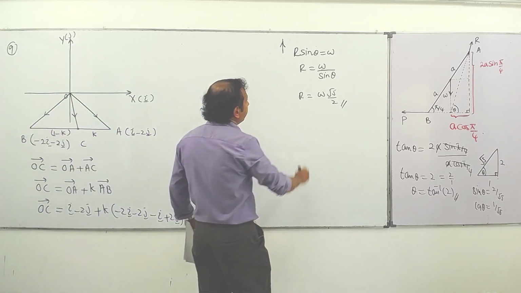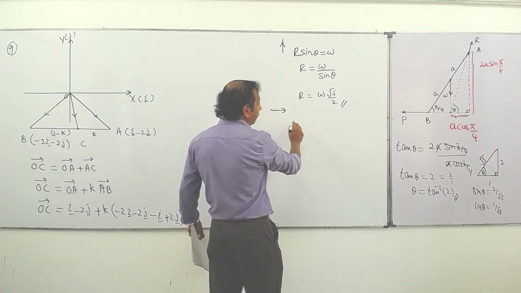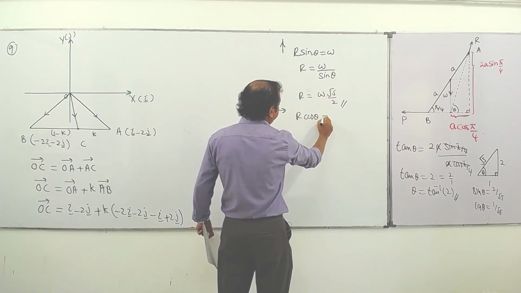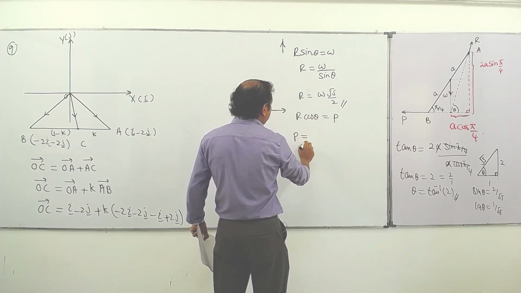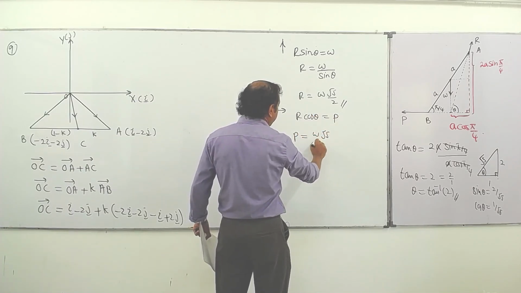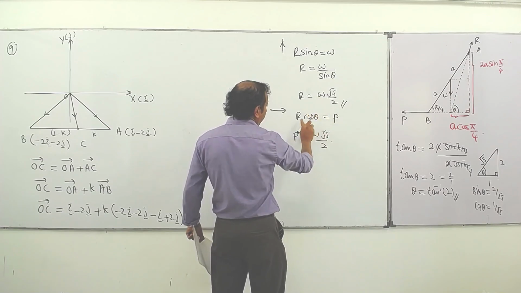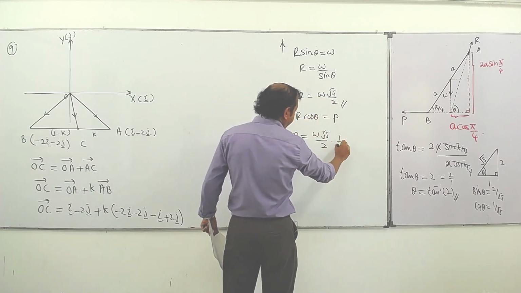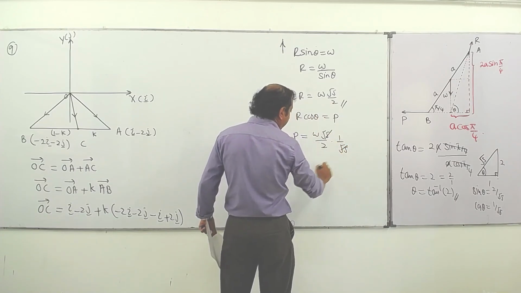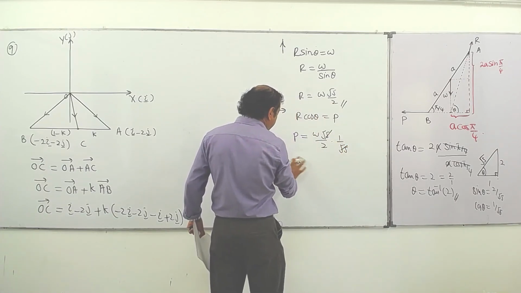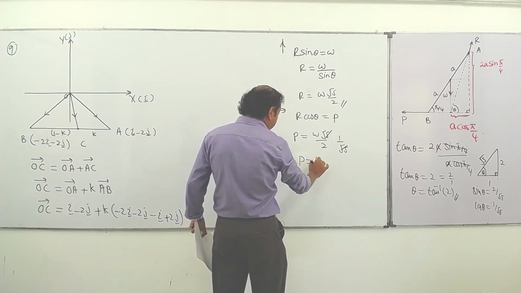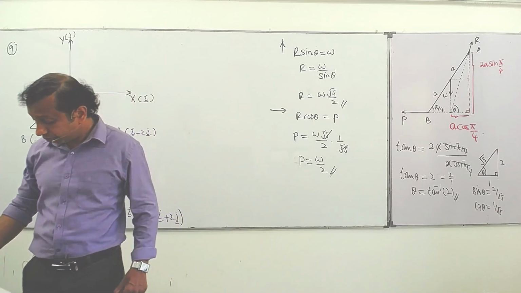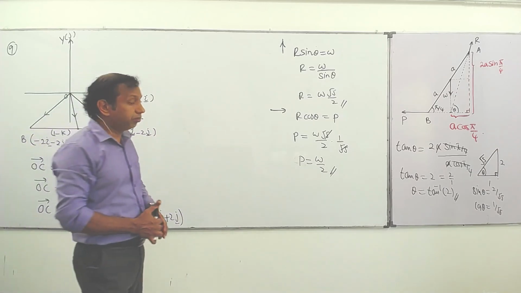And for P, resolving horizontally, you can write R cos theta equals P. Then P equals R cos theta. R means W root 5 by 2, times cos theta, 1 over root 5. Cancelling, we get P as W by 2. Okay, right. This way we can take those answers.